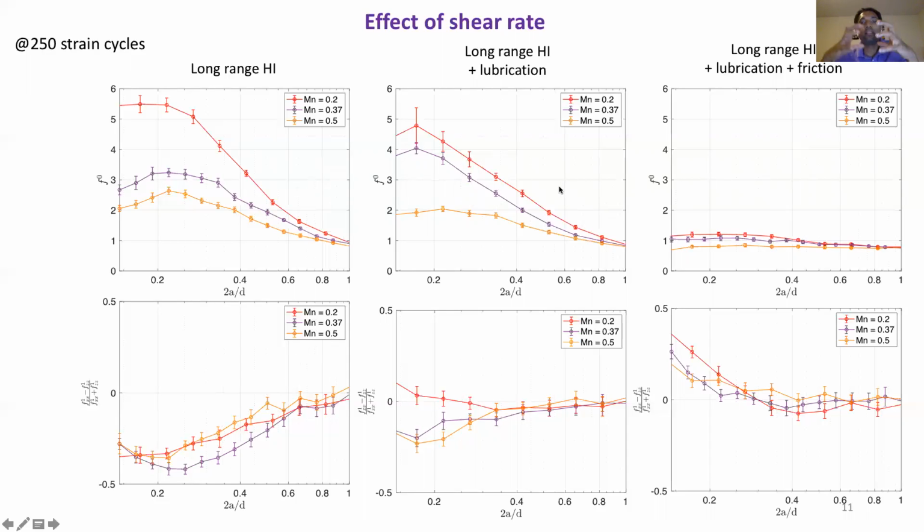Without friction, the particles arrange in a compact way into the clusters, giving more heterogeneity of the gel. Whereas when you have friction, the particles inside a cluster are in a more swelled state because of the resistance to sliding, so they arrange in a more swelled configuration, which leads to less heterogeneity. That's what we think.